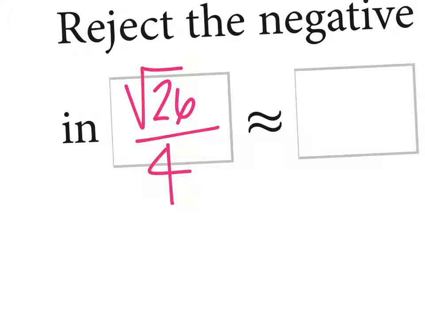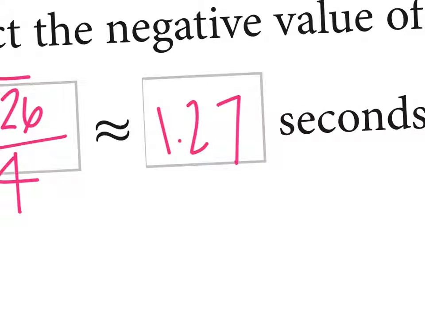Okay, 1.27? All right, so that would be our answer, 1.27 seconds. So that means after about 1 and 1/4 of a second, the balloon is going to hit the 3rd floor, the 24 feet. That's where it was.